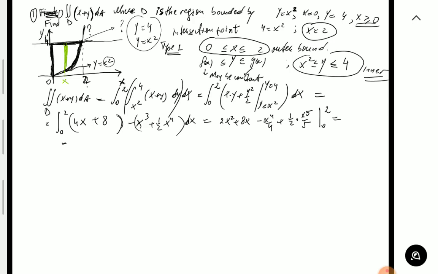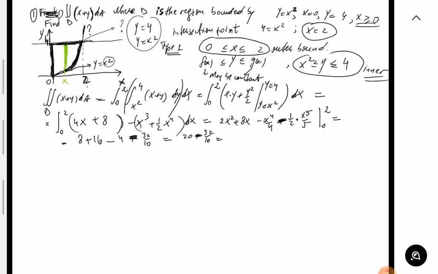And so we get 2 times 2 squared, that's 8, plus 16 minus 16 over 4 makes it 4, plus 2 to the 5th, which is 32 over 10. 12 plus 8, 20, plus 32 over 10, and, sorry, there's a minus here.